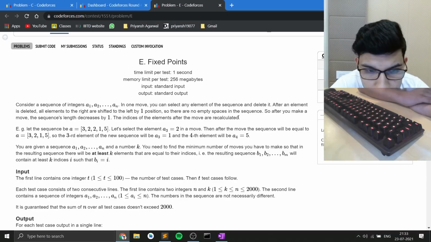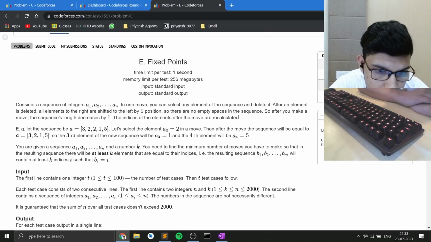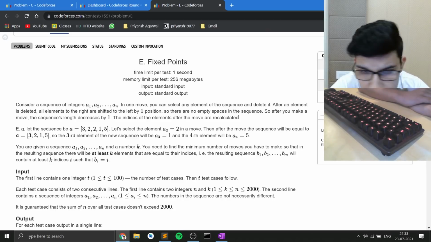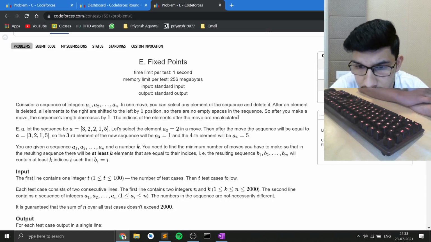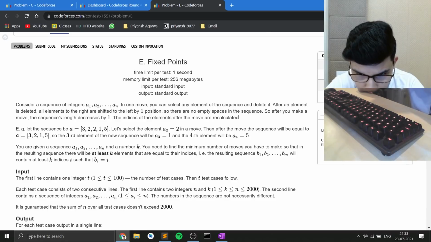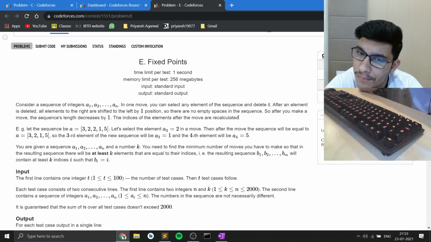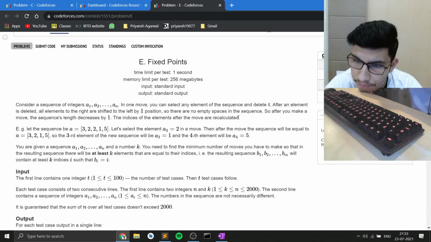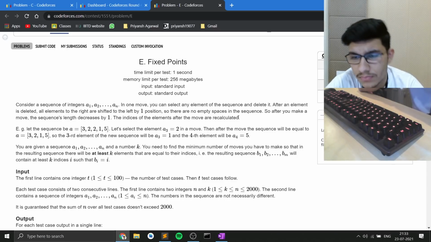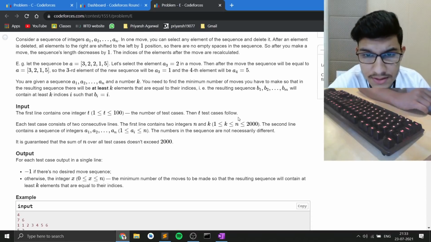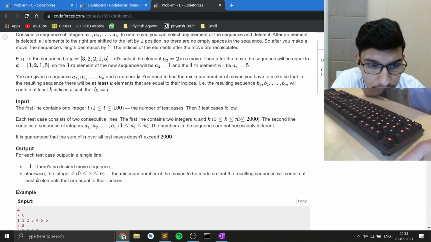You're given a sequence A and a number k. You need to find the minimum number of moves you have to make so that in the resulting sequence there will be at least k elements that are equal to their indices. Oh, okay.